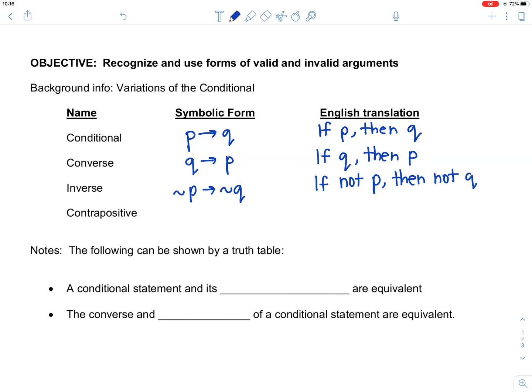And with the contrapositive, you interchange the antecedent and the consequent, and you negate each of those.